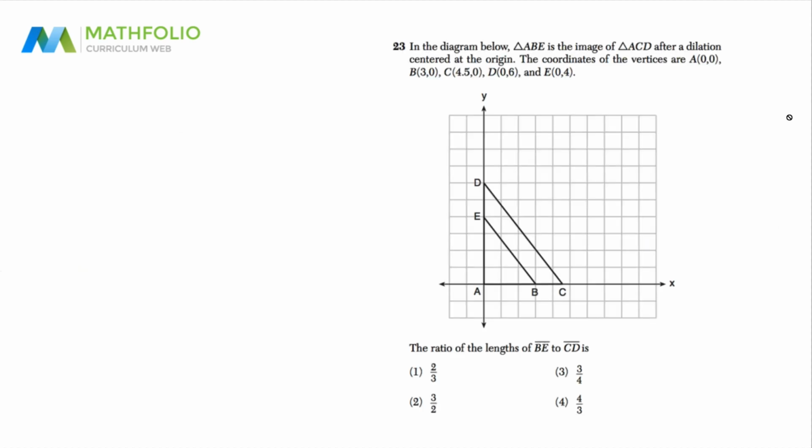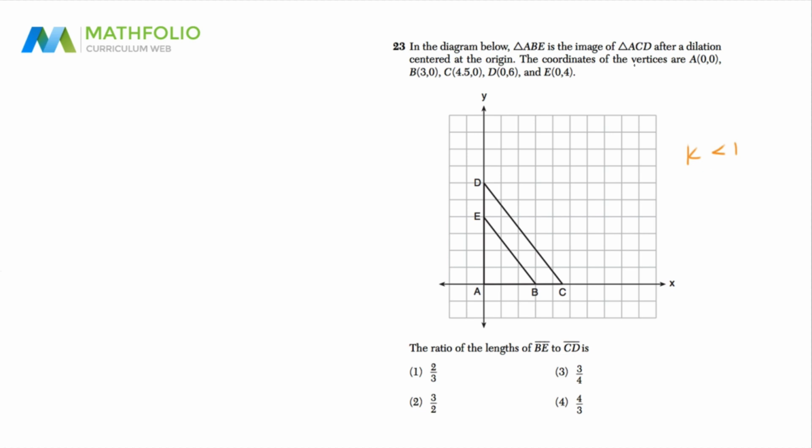Okay, here's 23. It says in the diagram below, triangle ABE is the image after a dilation centered at the origin, and it's the image of ACD, so it shrunk, it got smaller. So therefore we know that K must be less than 1 but greater than 0. Basically K is a fraction that's less than 1. That's very important.